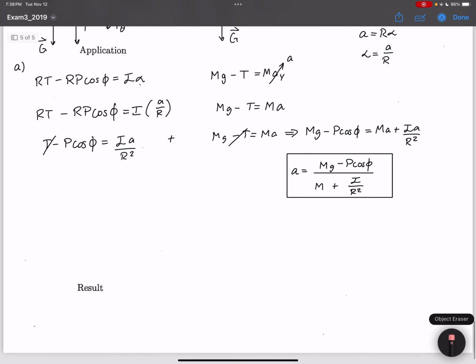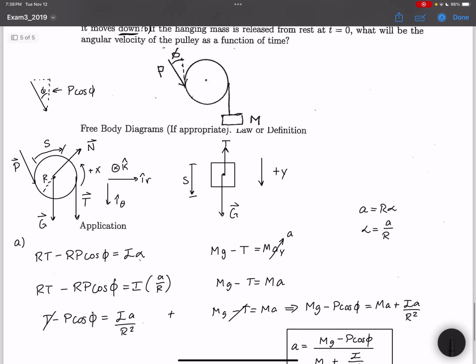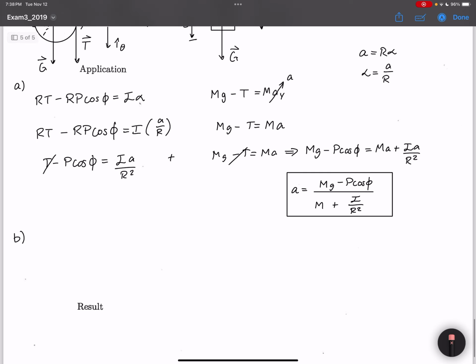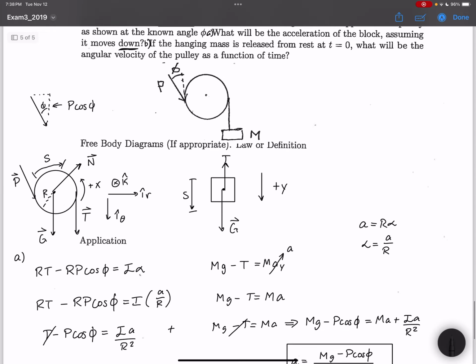Part B is asking that if the hanging mass is released from rest at t equals 0, what will be the angular velocity of the pulley as a function of time? Okay, so we know that we have acceleration equals r alpha, and we know that the integral of alpha equals angular velocity, which is what we want.